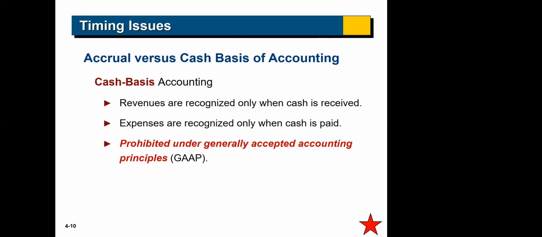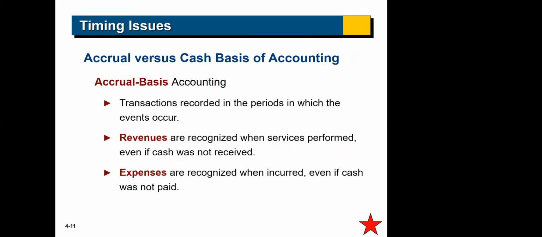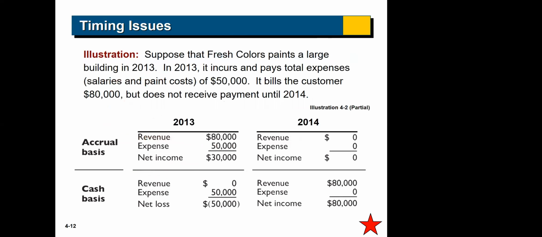So this next slide shows you kind of what I was showing you there on the board, but a bigger example. Suppose that Fresh Colors paints a large building in 2013. In 2013, it incurs and pays total expenses, which means salaries and paint costs, of $50,000.